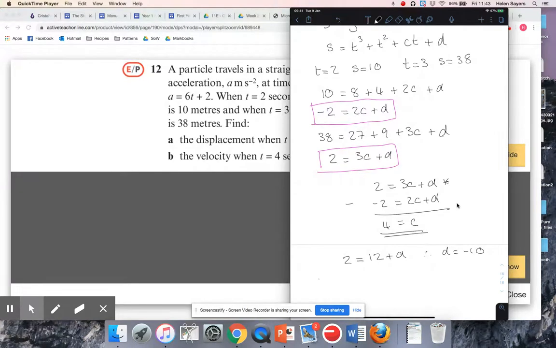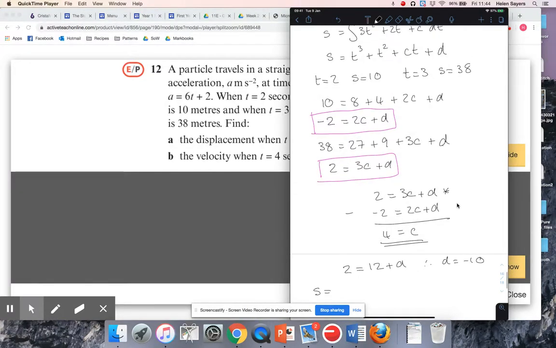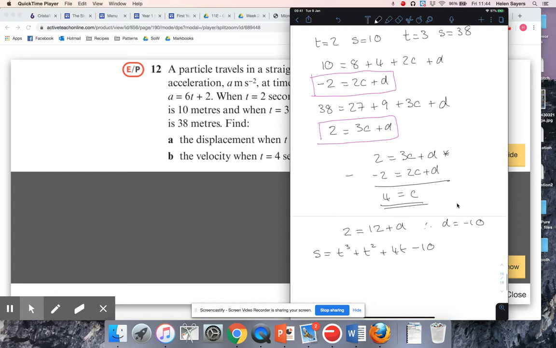So my final equation for displacement is going to be t cubed plus t squared plus 4t minus 10. Slightly different to the other questions, but hopefully not too bad.